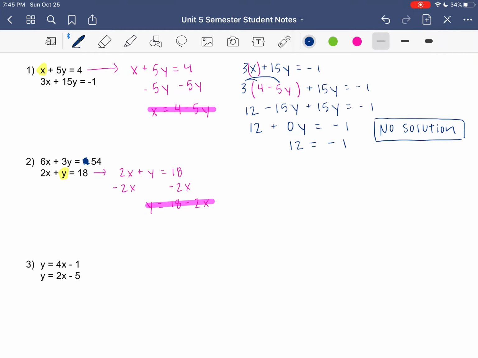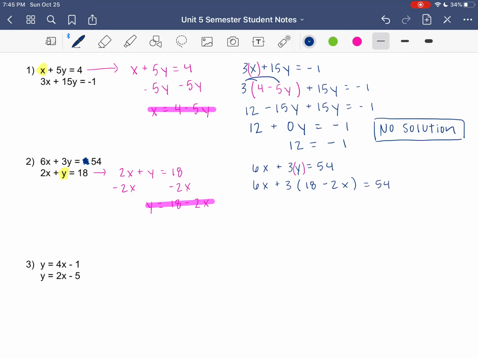So in my other equation, the one we have not used yet, I'm going to substitute that in place of y. So I had 6x plus 3y equals 54. We need to replace that y with 18 minus 2x. So 6x plus 3 times 18 minus 2x equals 54.